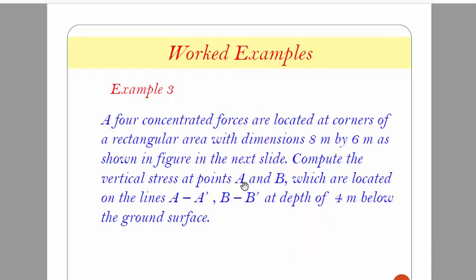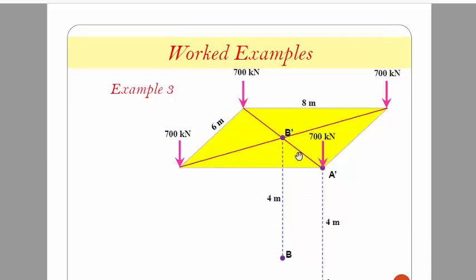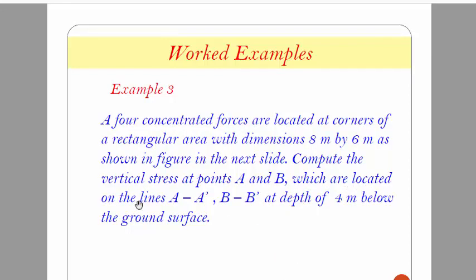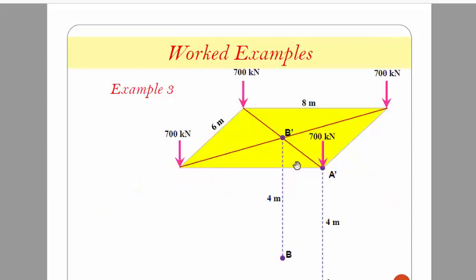Compute the vertical stress at point A and point B, located on line A dash B dash at a depth of 4 meter. So in that, calculate the stresses at A to A dash and B to B dash.